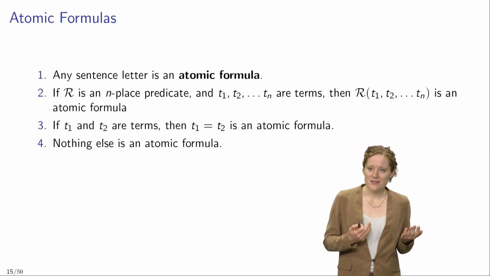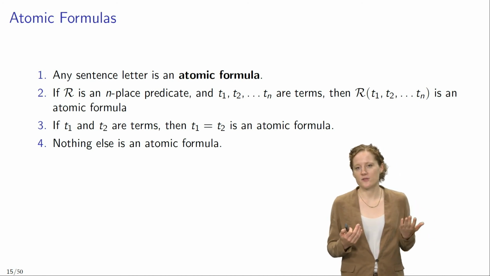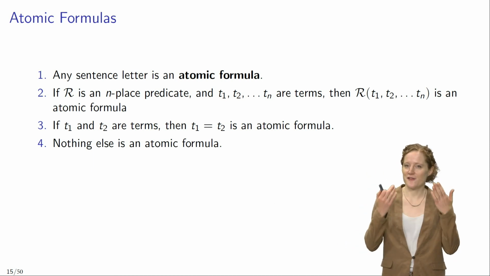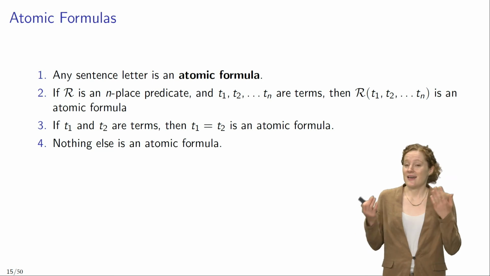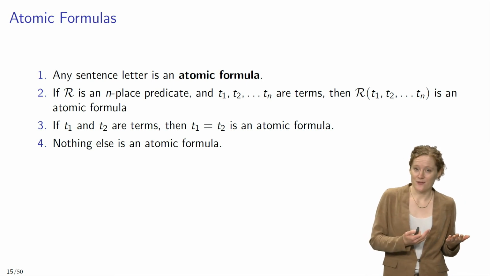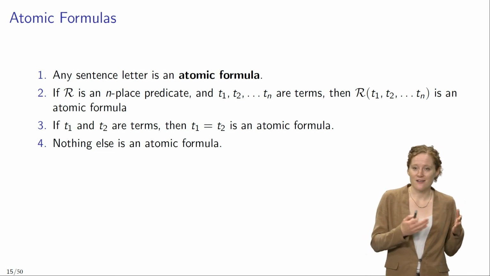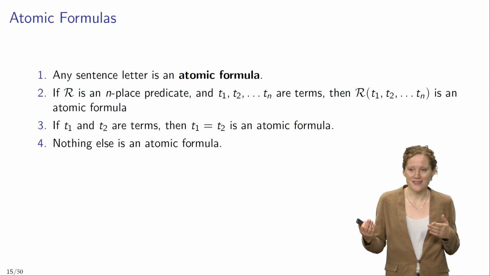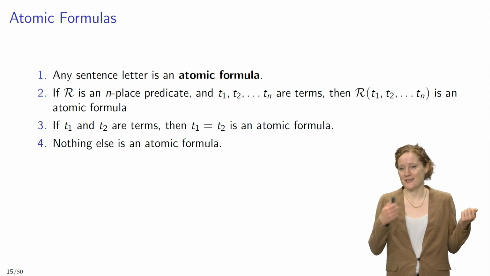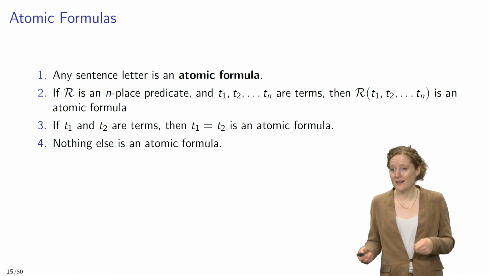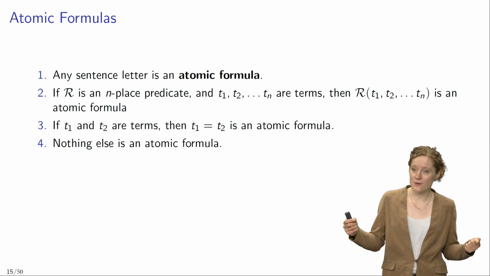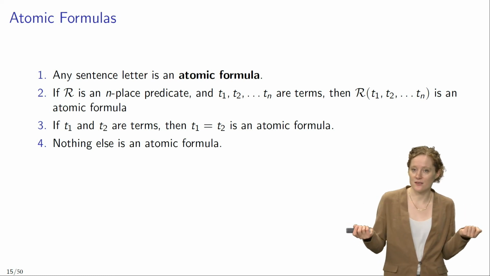Atomic formulas are either sentence letters or constructed from terms and predicates. So in particular, the official definition of an atomic formula goes like this. Any sentence letter is an atomic formula, and if R is an n-place predicate and T1 to Tn are terms, then the result of applying R to this sequence of terms is an atomic formula.